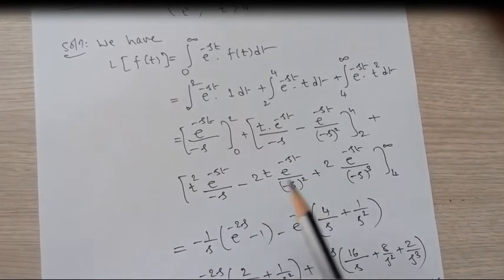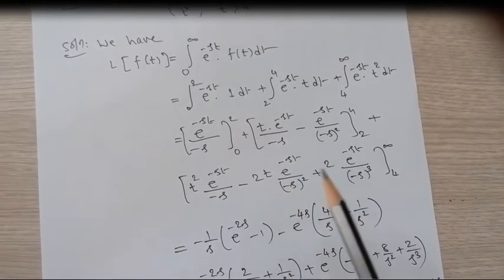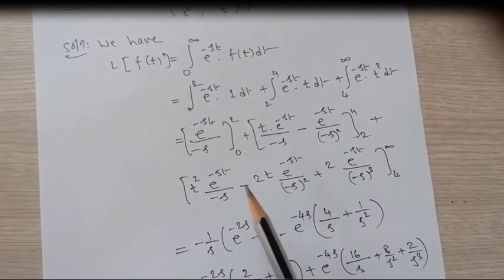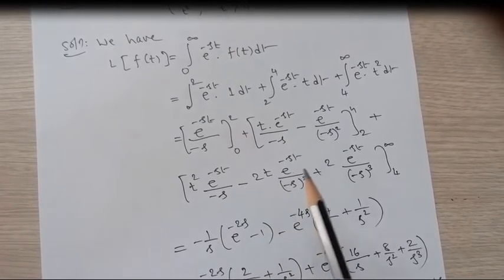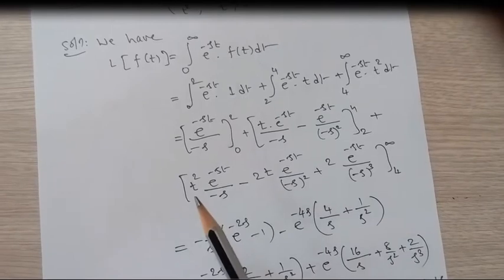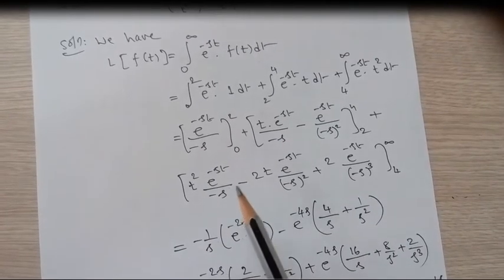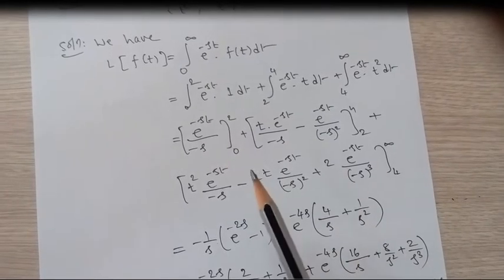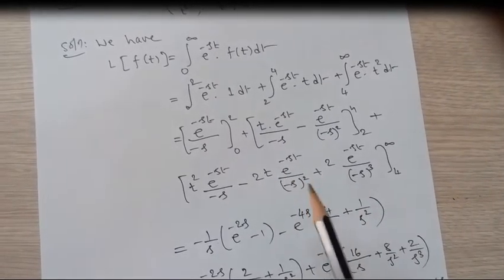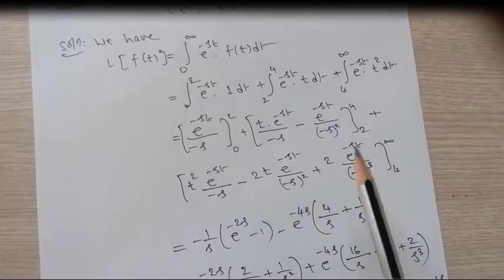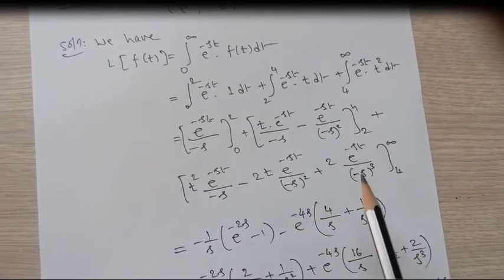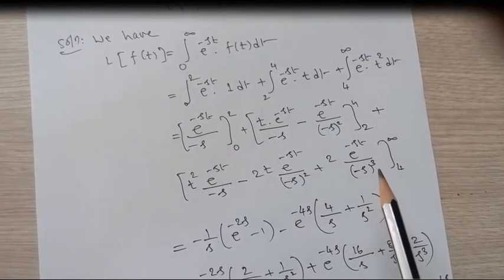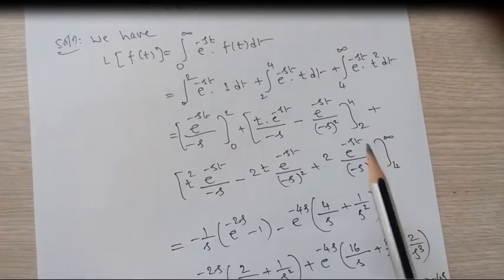This is the rule. The difference of t square is 2t and of 2t is 2, plus minus is the rule. The integration of this is e raised to minus st divided by minus s whole square, already here, and minus s whole square into minus s is minus s whole cube.